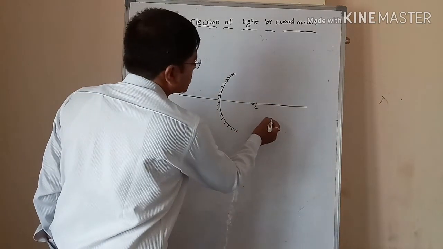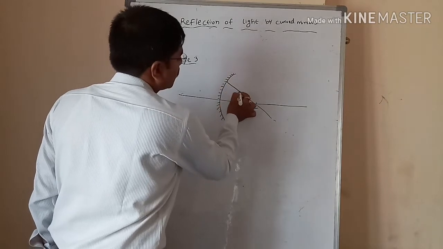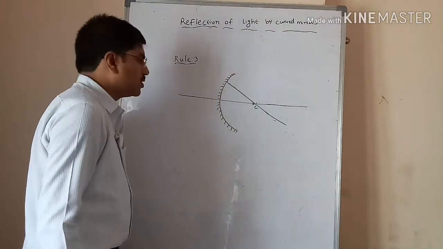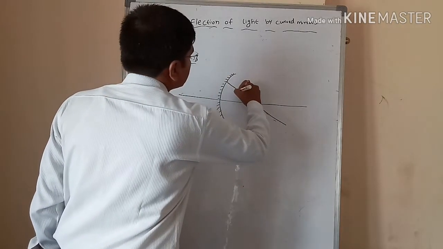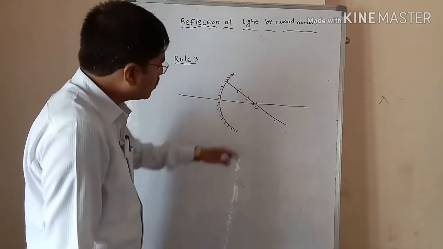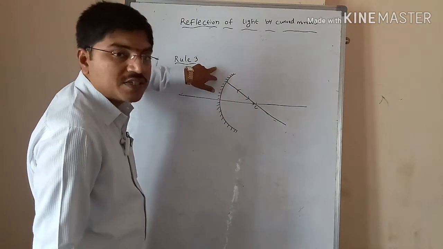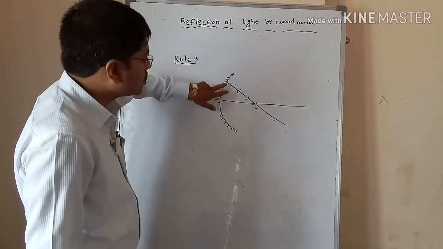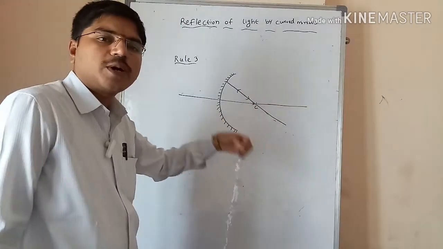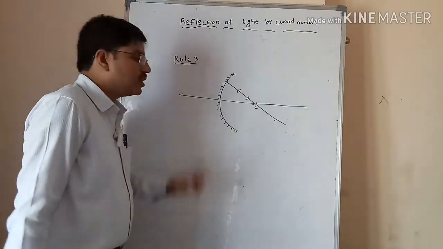If any ray is passing through the center of curvature, after reflection also the ray passes through the center of curvature. The incident ray is where it will fall, and after reflection the ray passes through the center of curvature again, which means it takes the same path. That is called rule 3.